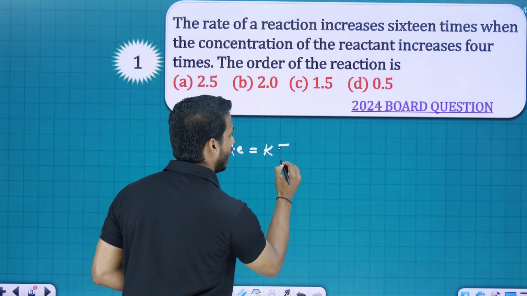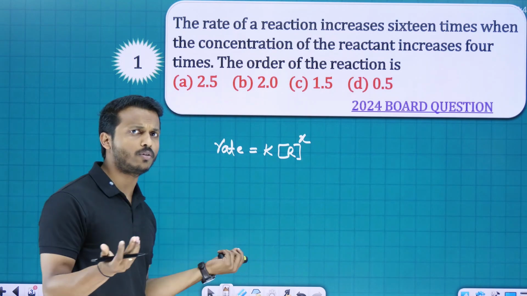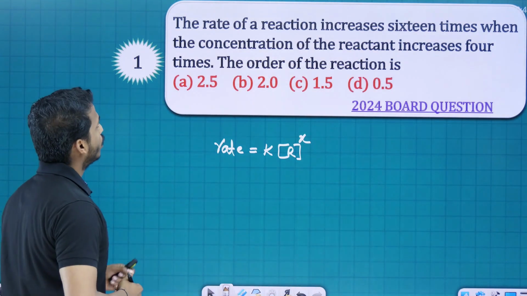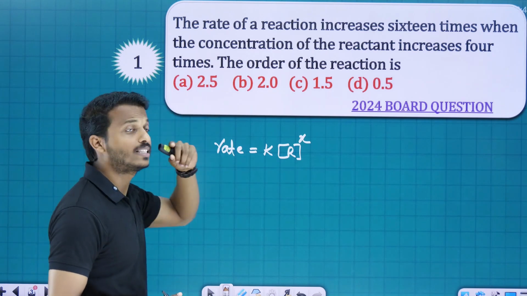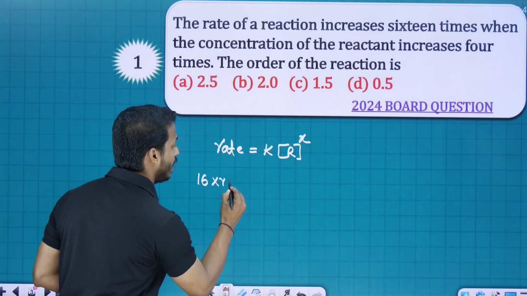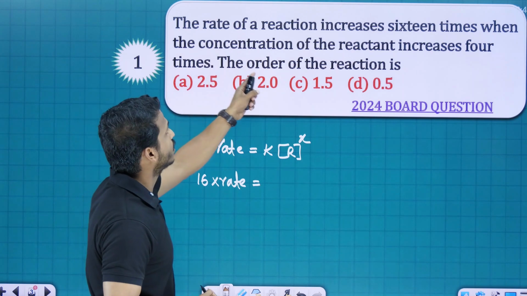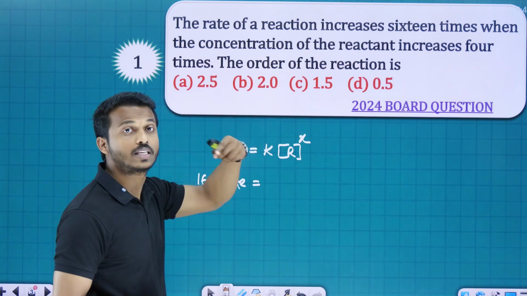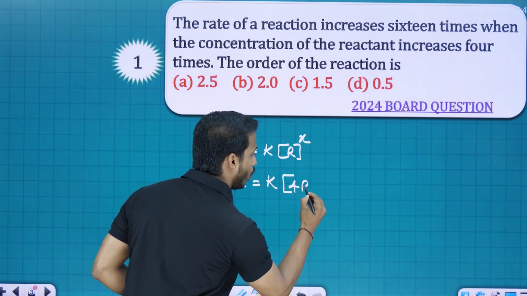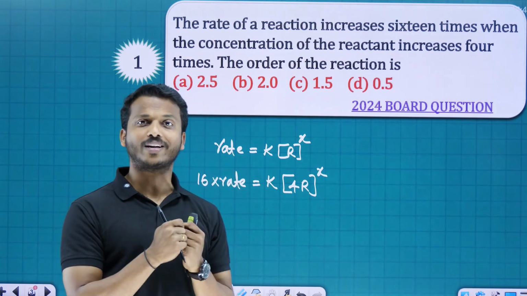Rate is equal to K into the concentration of the reactant raised to X. We don't know what the reactant is, they have not given the reaction. So the rate of the reaction increases 16 times, right? If it is to increase 16 times, the concentration of the reactant increases 4 times. So the concentration of the reactant becomes 4R raised to X, right?